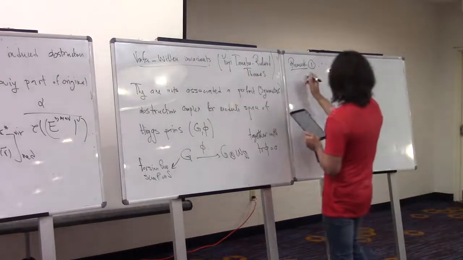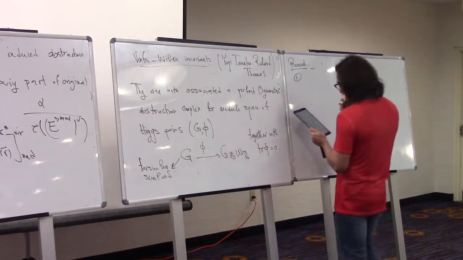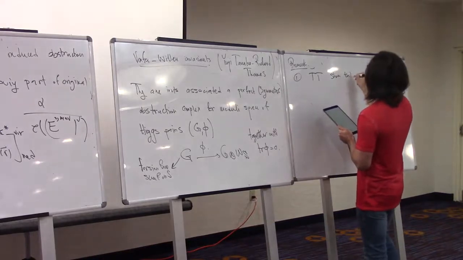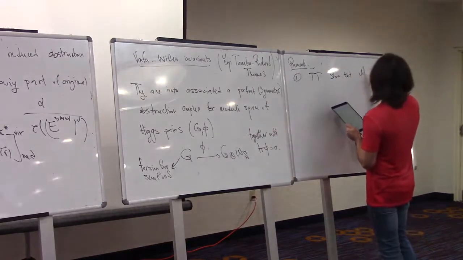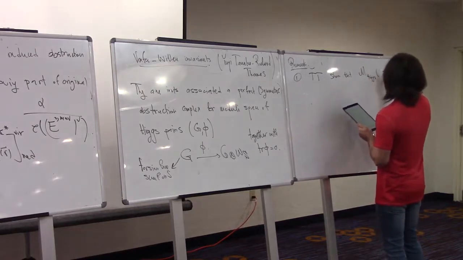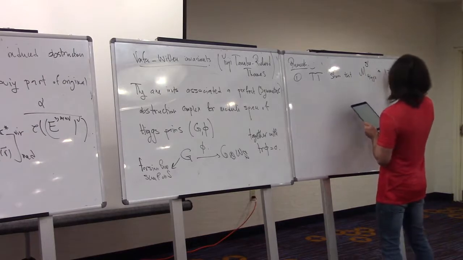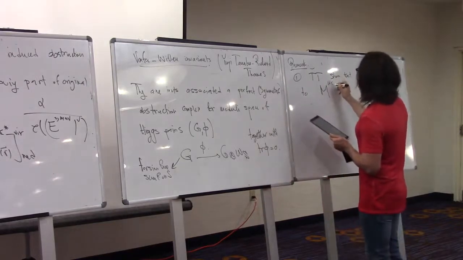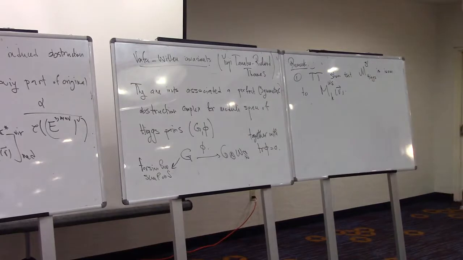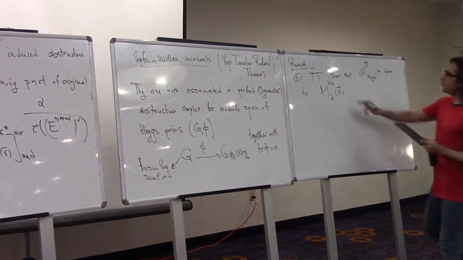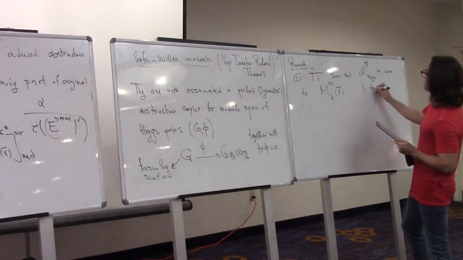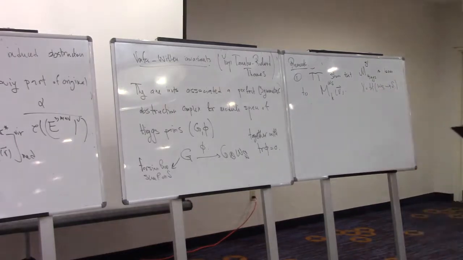Remark 1 is that Tanaka and Thomas show that the moduli space of Higgs pairs, M Higgs, on the surface is isomorphic to the moduli space I just defined on the threefold when L is equal to the canonical bundle of S. So this is a situation where your X is given by the total space of the canonical bundle of S on the surface. So the moduli spaces are equal to each other.